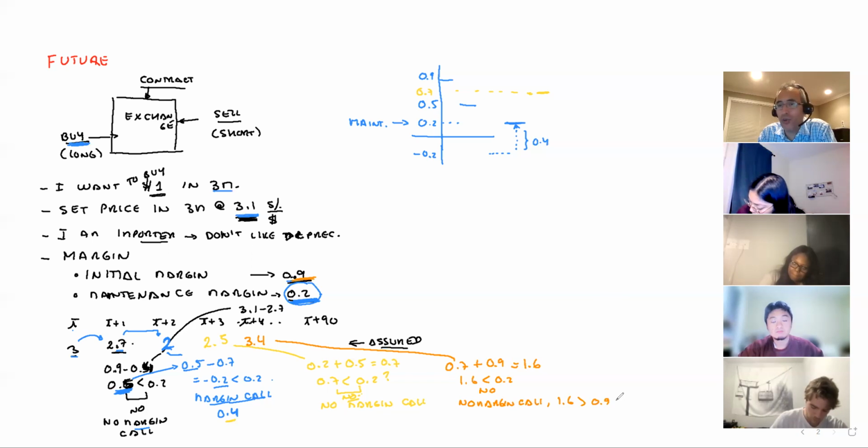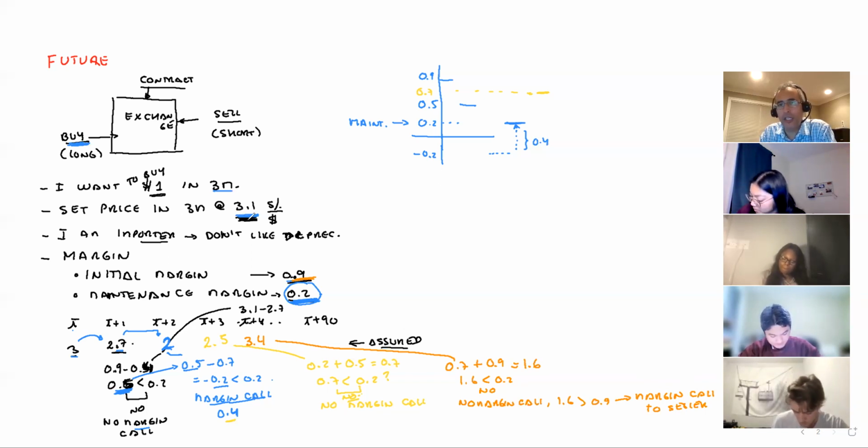It's going to be a margin call, but not for you, for the seller. Because now the seller has the incentive not to sell to you. Agree with me, guys? The seller now says, okay, I will sell to Daniel at 3.1. I can go to the market and sell it at 3.4. So what is better for me? To sell in the market.